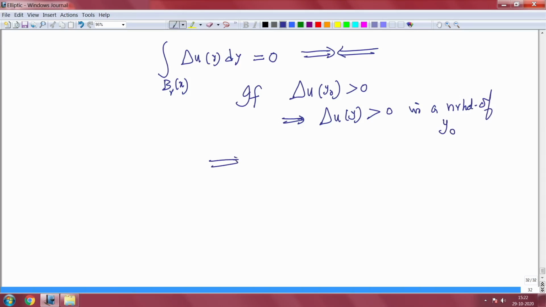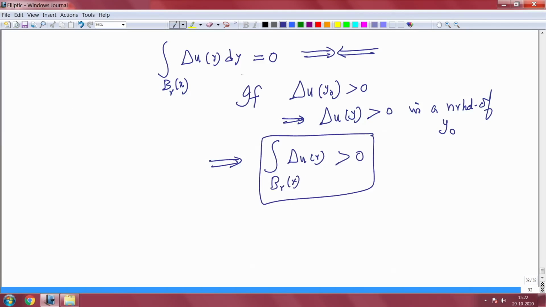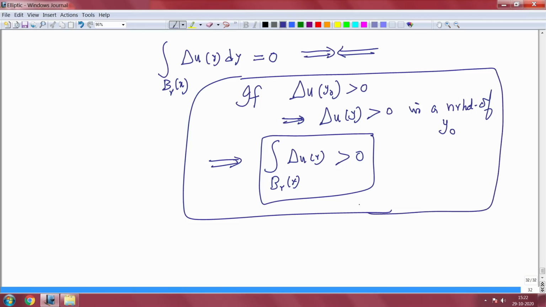That will imply the integral of Laplacian of u of y over some neighborhood, for some r, will become positive. That is the reason it is a contradiction. So you have your result, the converse to the mean value property.